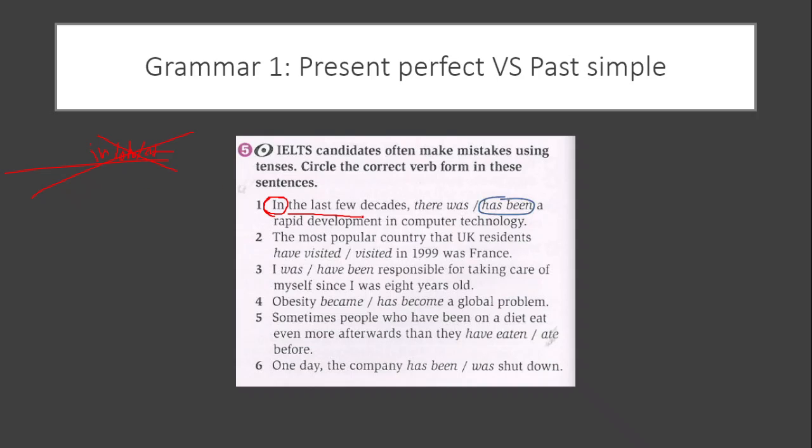So in the last few decades means that the event started a few decades ago. Because it's in the last few decades, it means that until now it's still occurring, still happening. Because of that, we use present perfect.